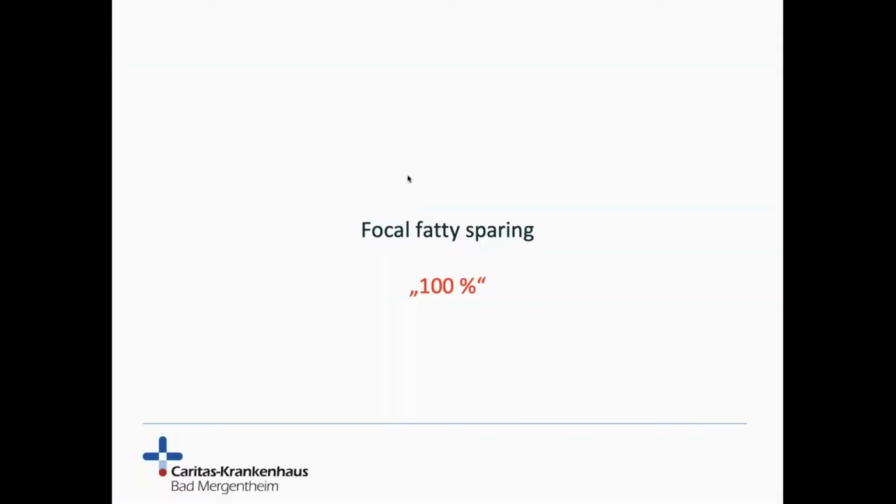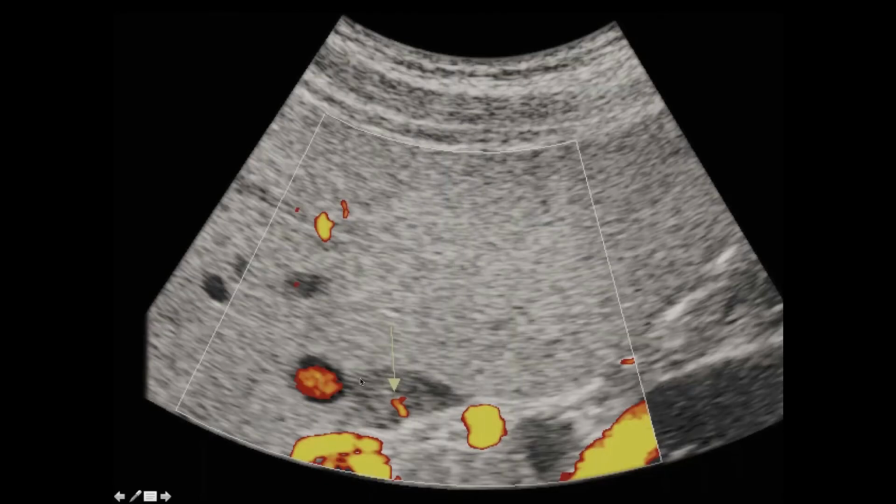There's one sign which is almost seen in all patients, and it's a distinctive sign. You see focal fatty sparing, which shows typically centrally located arteries.